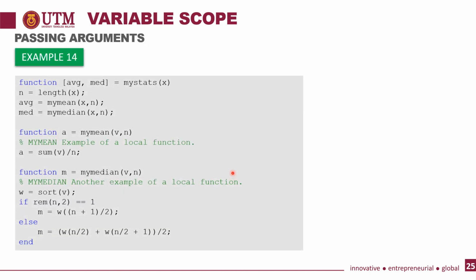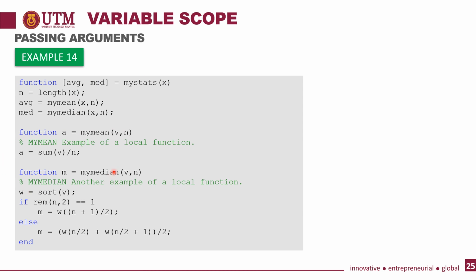Let's take a look at example 14, where you have a function, your main function called myStats, with the output of average and median when you have the input of x. This is the main function and these are the local functions.